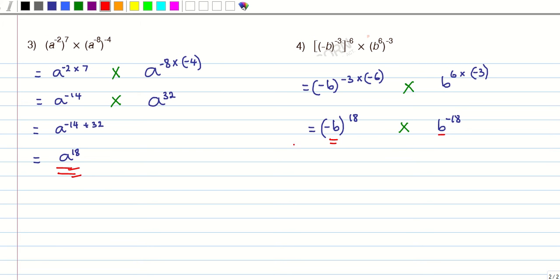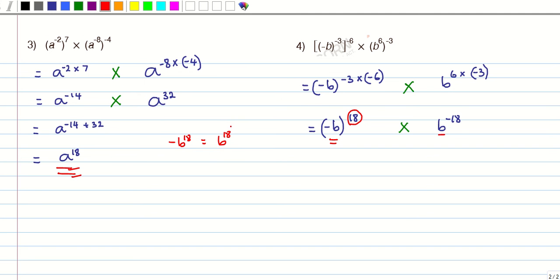But remember that since this power is 18, 18 is an even number, it can be that negative b to the power of 18 is the same as b to the power of 18.